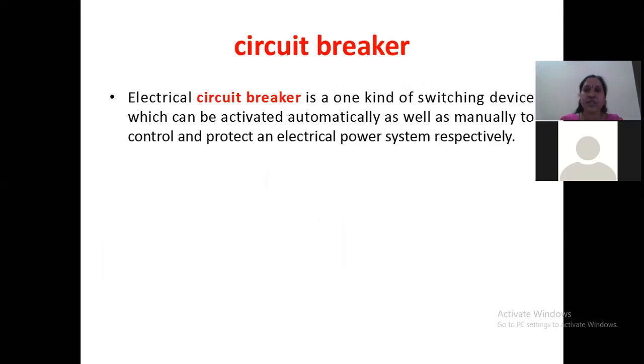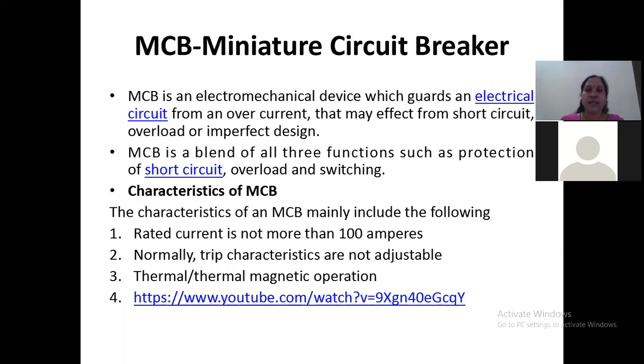So this is a general definition of a circuit breaker. It is one kind of switching device which can be activated automatically as well as manually to control and protect the electrical power system respectively. Okay. Next, coming to the MCCB, not MCCB, this is only MCB. Okay, miniature circuit breaker.